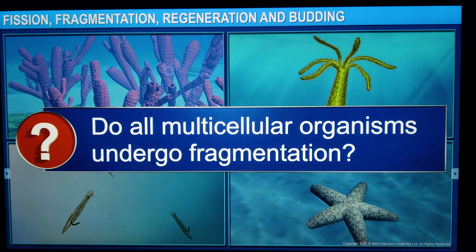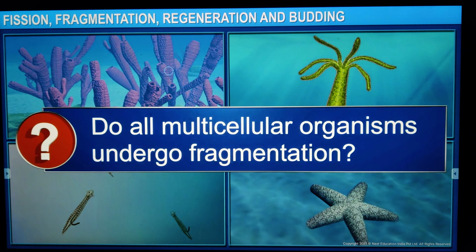Do all multicellular organisms undergo fragmentation? All multicellular organisms do not undergo the same type of reproduction. Multicellular organisms are complex in design, so they undergo complex ways of reproduction. This is because multicellular organisms are not just a random collection of cells.